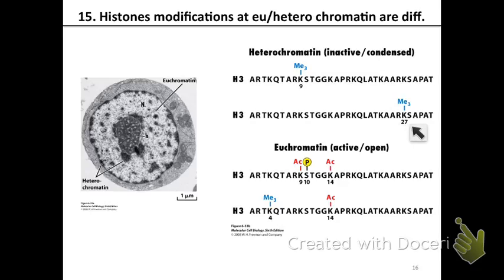But we cannot generalize that all methylation is found in heterochromatin, because you can see here that the methylation of histone H3 at lysine 4, H3K4 trimethylation, is actually found in euchromatic regions, right? And we can largely generalize that acetylation is mostly found in euchromatic regions, as well as serine 10 phosphorylation, though this modification is also specific to mitosis.